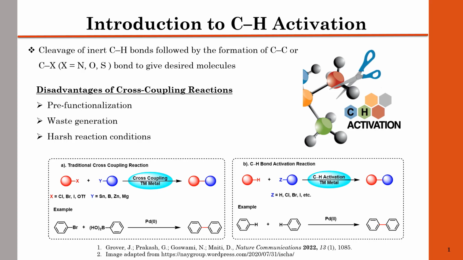Using this strategy we don't need to pre-functionalize, so we can reduce synthesis steps and also minimize waste generation. Because we have reduced steps, we can improve the atom economy and also the step economy using CH activation.